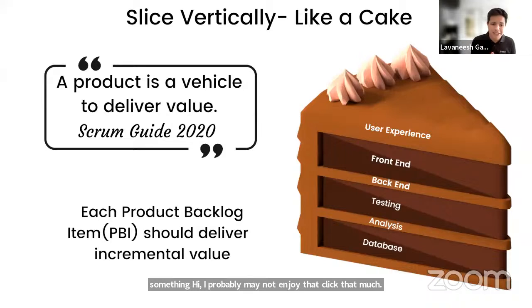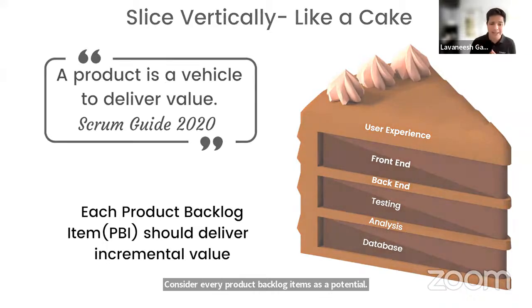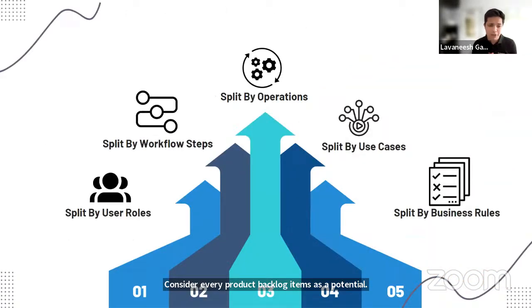So this is the reason why we always suggest to have vertical slices. Don't just break the product backlog item for the sake of it. Consider every product backlog item as potential value in itself. And this is where we can start talking about the various ways of slicing or splitting the product backlog items.